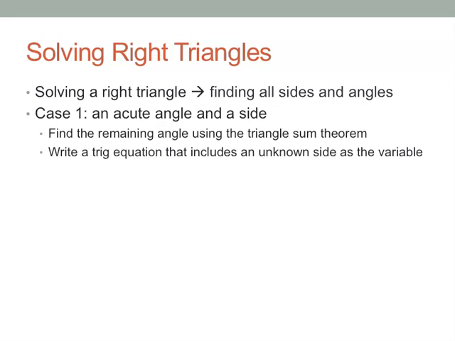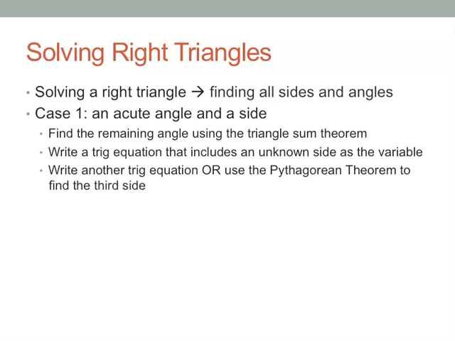Okay, so then once you've done that, now you have two of the sides, you still have one side left to find, and in order to find that last side, you actually have two options. You can either write another trig equation, or you can use the Pythagorean theorem to find that third side. Okay, so that's the first case.